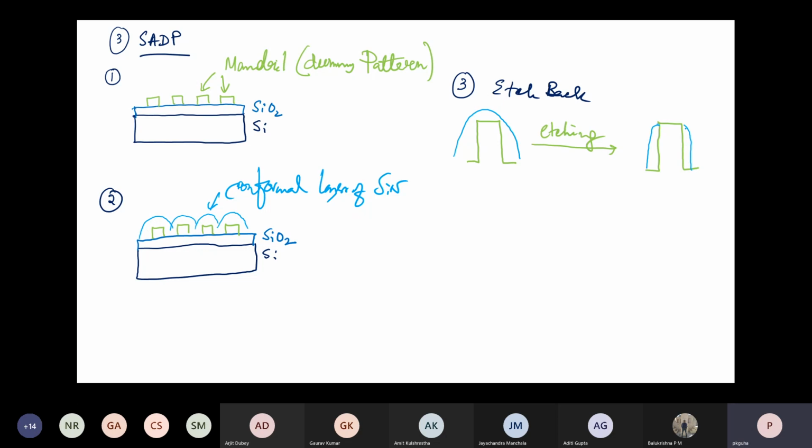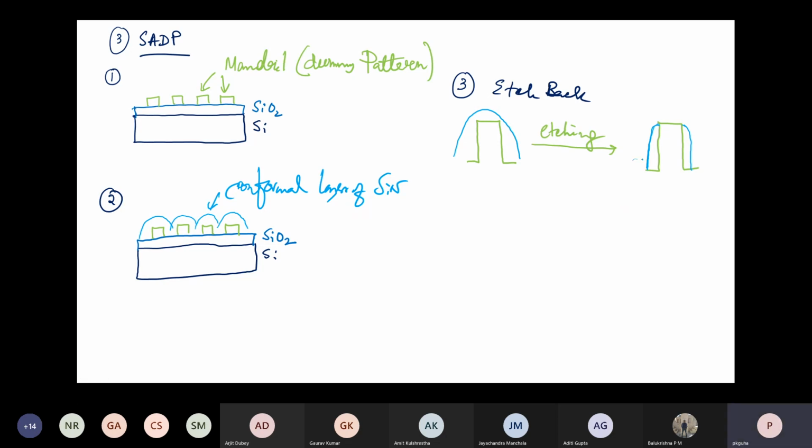It will remain in the vertical portion, but the rest of the portions will be removed. So dielectric layers are removed except the side walls.